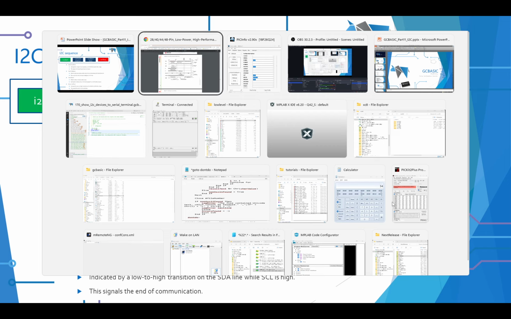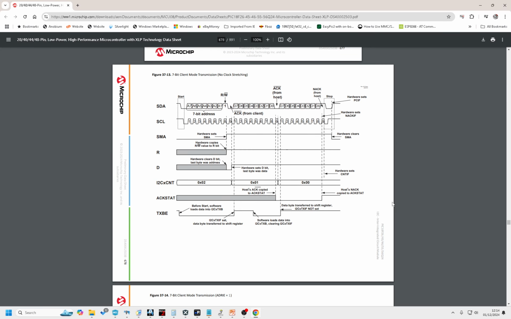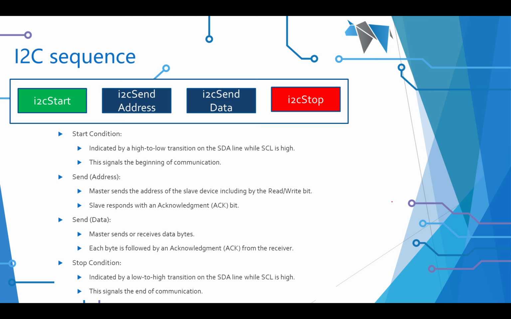So this complexity in here of setting the SDA, setting up the actual hardware for you, ensuring that you've set all the counters and you're testing the acknowledgement state and the buffers are empty, all that is done automatically within GC Basic with these 4 simple commands. And that's been done like that for 10 years, maybe longer, I don't know.